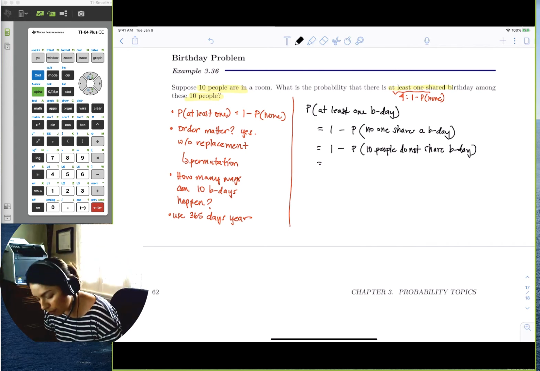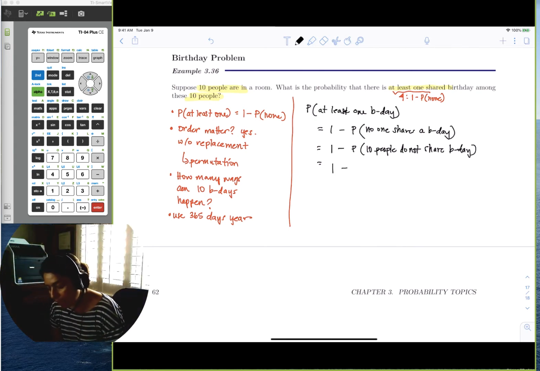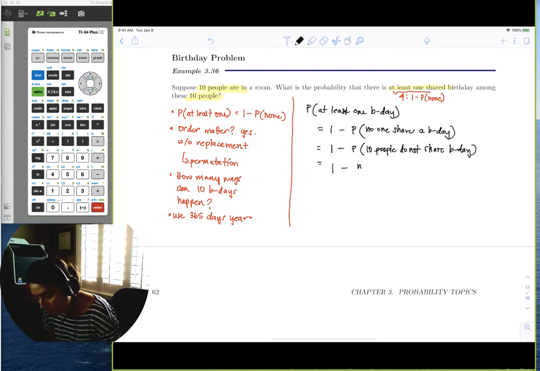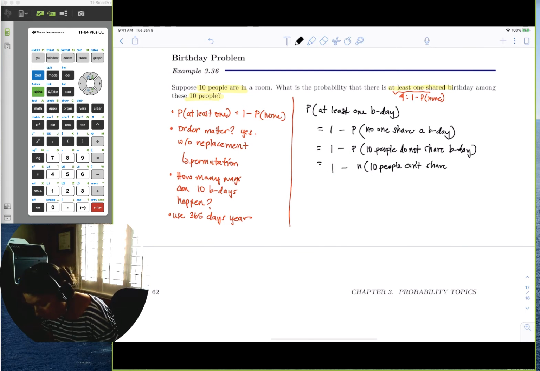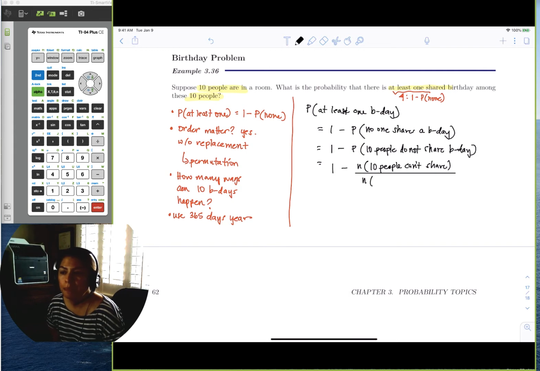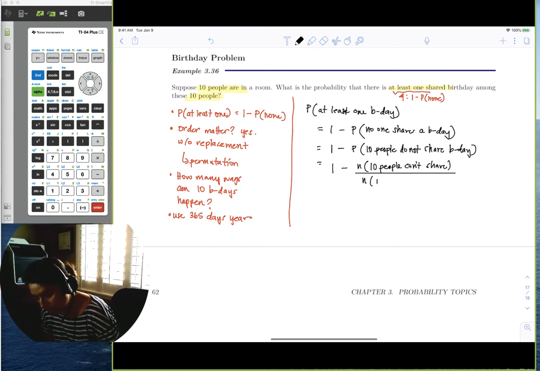So we'll have 1 minus the probability that the 10 people do not share a birthday, which is the number of ways 10 people can't share a birthday out of the total number of ways 10 people have birthdays. I'm sorry, that's what I want to say.